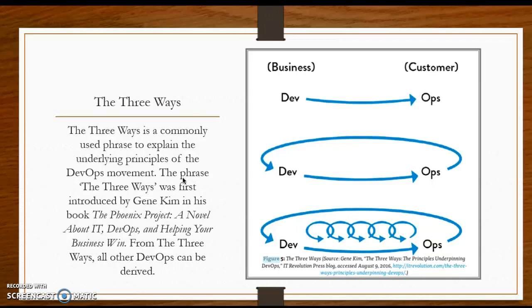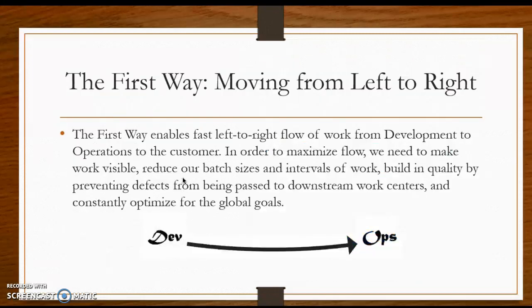So basically, these three ways are going to rule the whole process. It starts with development, then ops; the first is about developing, the other is about giving feedback, and the other is about iterating, testing, redoing things.